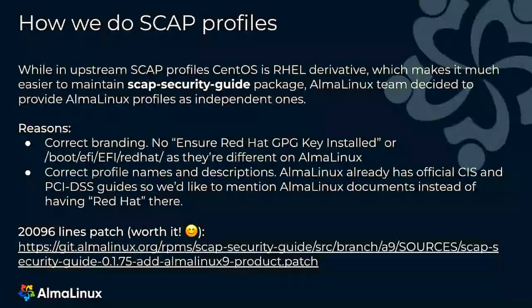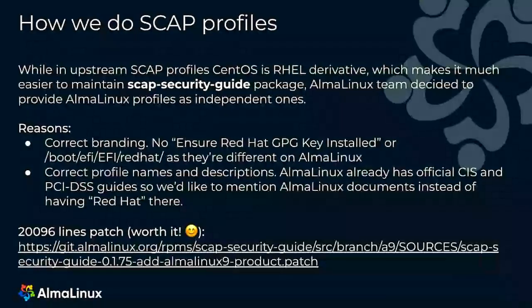Even if you have CentOS, there will be a lot of Red Hat names everywhere. It will say that it's checking for the Red Hat GPG key, for example, but it's not the Red Hat GPG key. Also, the boot EFI path is different in AlmaLinux, obviously, among other things. It's not possible to fix this when you're a derivative.